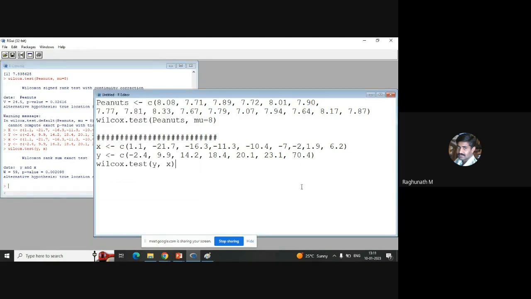Means after the decimal, two places are having 0. So hence at 1% also it will reject. If the hypothesis is rejected at 1%, definitely it rejects at 5%. If the hypothesis is rejected at 5%, you cannot assure it at 1%. That is one of the things which we have seen.